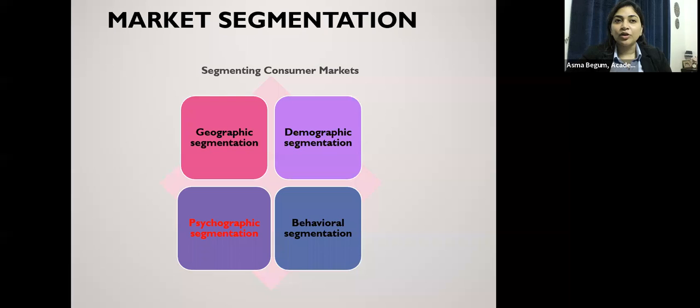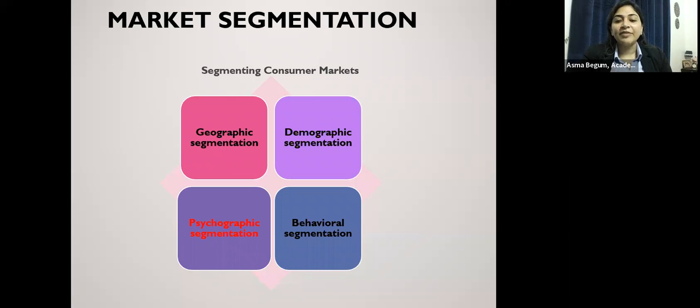While if you look into the psychographic segmentation, it focuses on areas like lifestyle, social life, behavior, values, attitudes, interest, etc. Can you give me an example? Very good. Nokia has been doing this for a very long time period, and because of this, they were able to dominate the market for a very long time period till Apple and other Android phones came into the market.